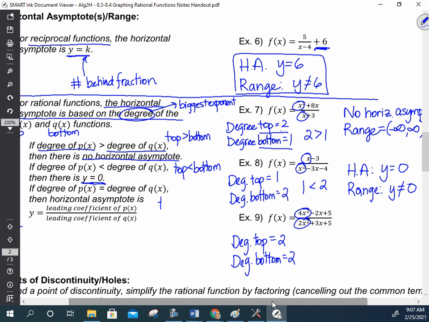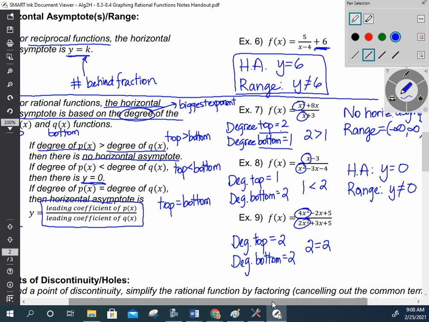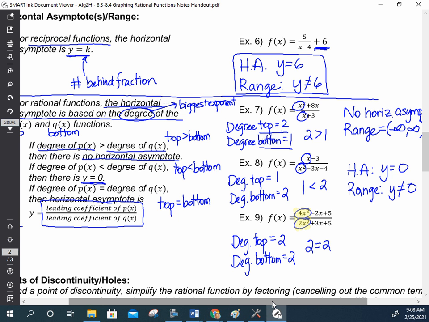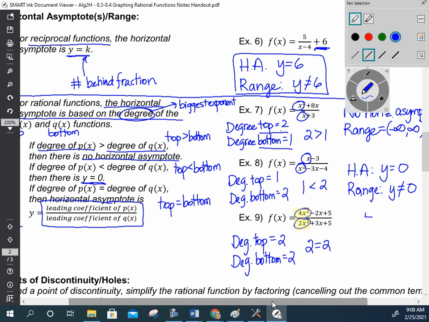But what if they're equal? If the top equals the bottom, then the horizontal asymptote is found by taking the leading coefficients and dividing them out. So, the degrees were the same, so we take 4x squared divided by 2x squared.